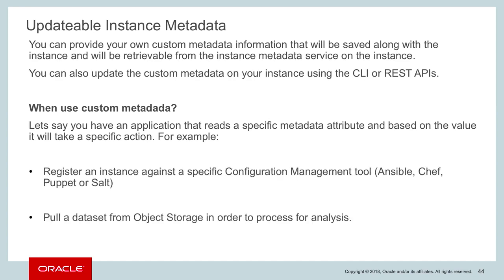For example, register the instance against a specific configuration management tool, or pull a data set from object storage in order to do some analysis. So you can configure a specific key and value for your custom metadata, and based on that information, you can take actions like that to do some configuration or some analysis for you.